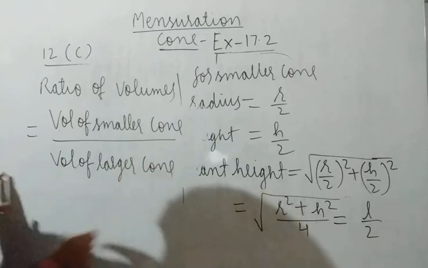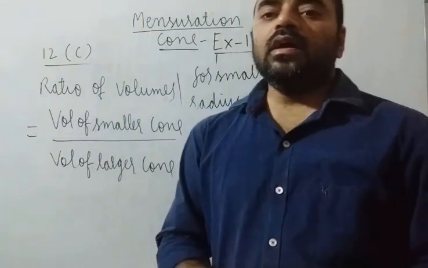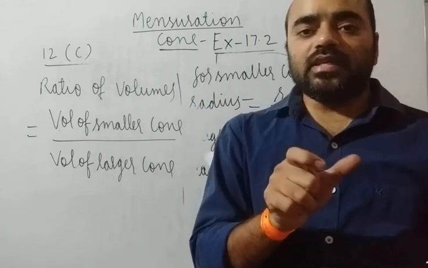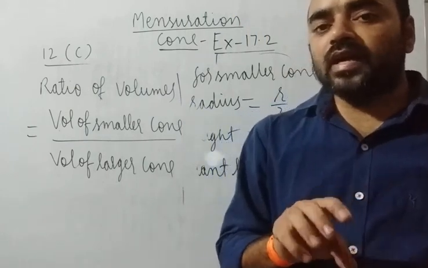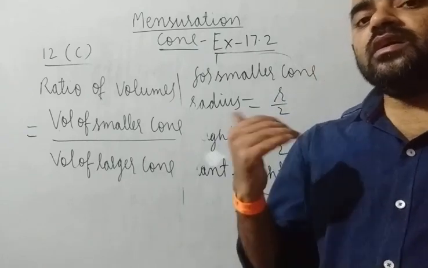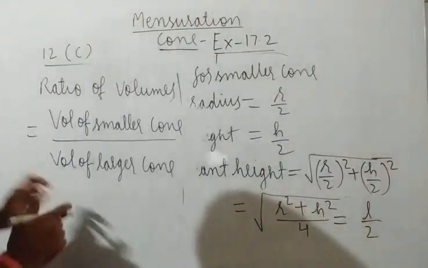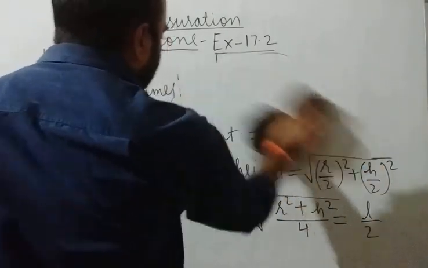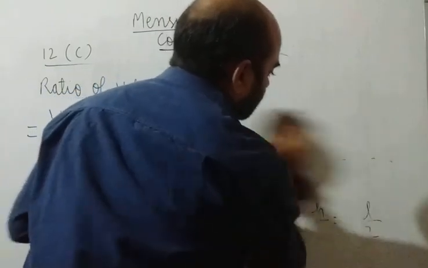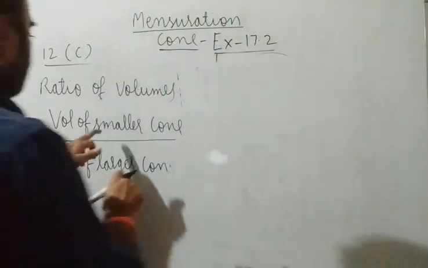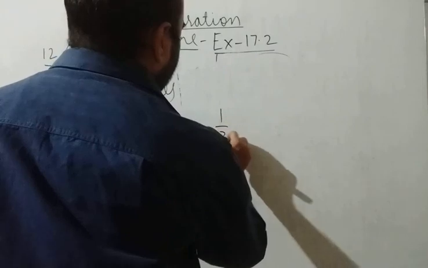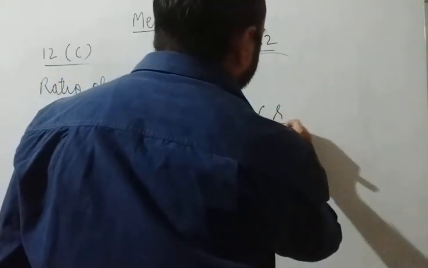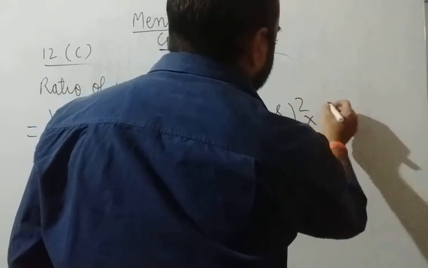Correct? How we will decide? We will read the question. In the question, first statement, initially it is mentioned about the smaller cone, and for the bigger cone it is mentioned later on. So, formula will be same, but quantities will be different. For a smaller cone, 1 upon 3 pi, the radius is r by 2 and height is h by 2.